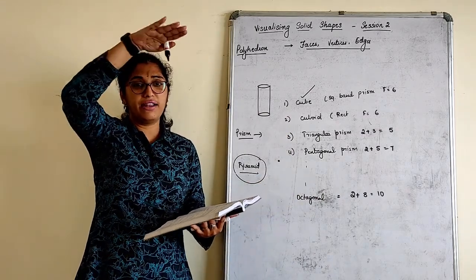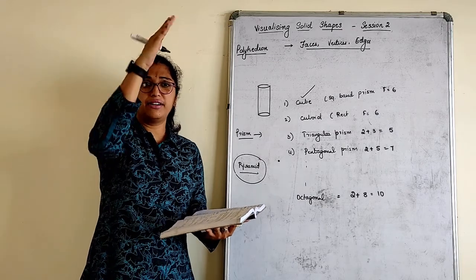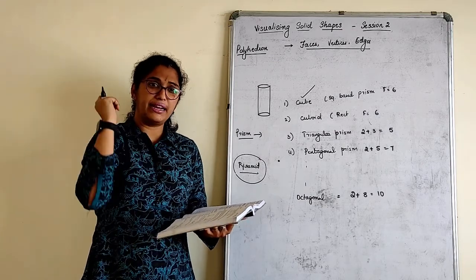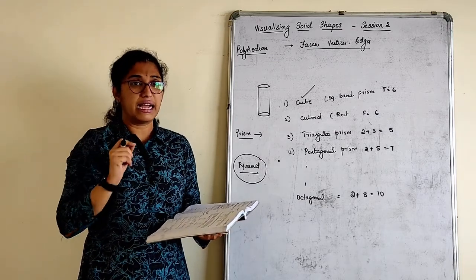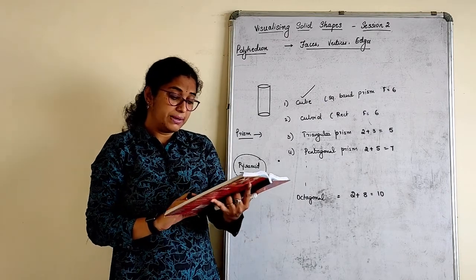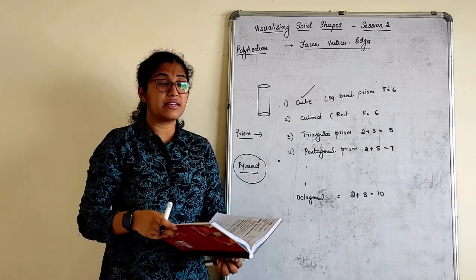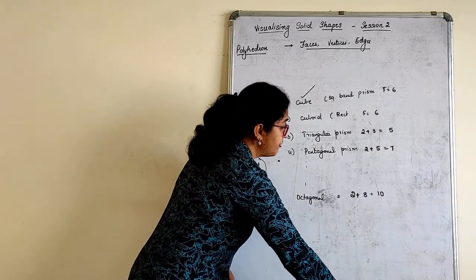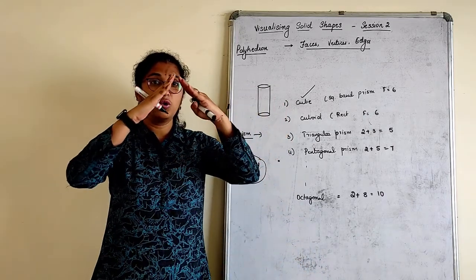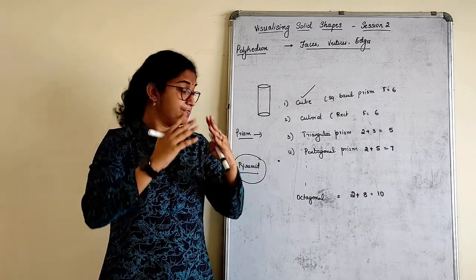It will not have a flat surface at the top. It will have triangular faces which will join at the end always, right? A pyramid is a polyhedron whose base is a polygon and lateral faces are triangles. Now, why are lateral faces triangles? A pyramid will go and join like this, right?